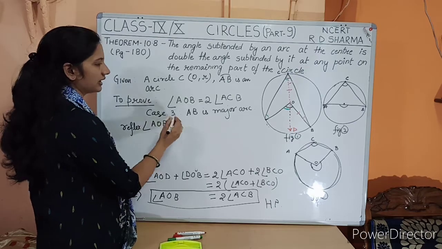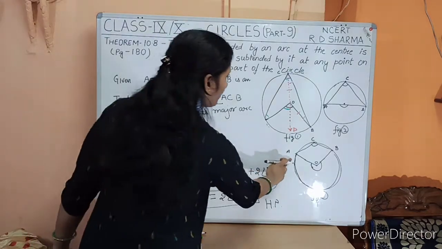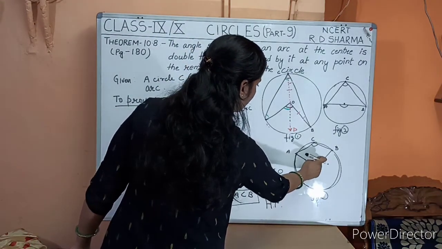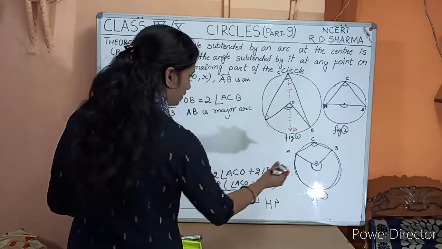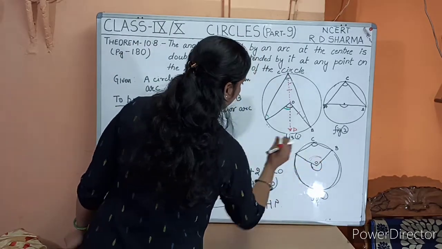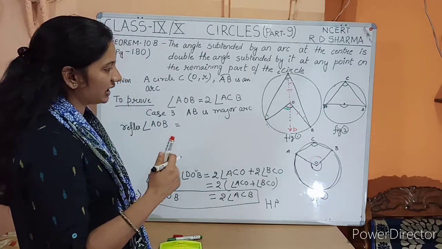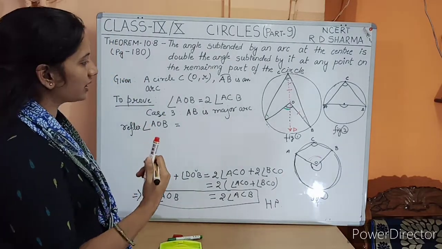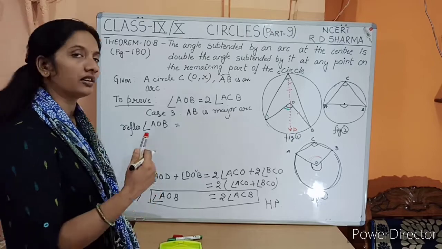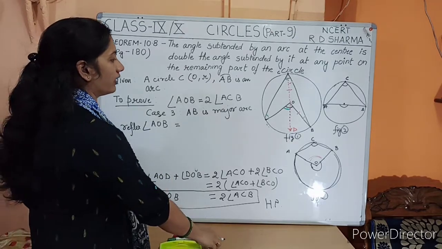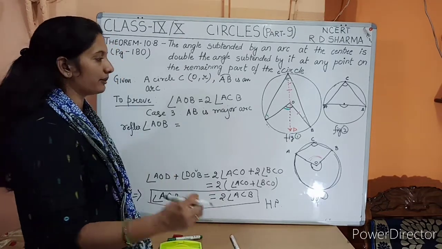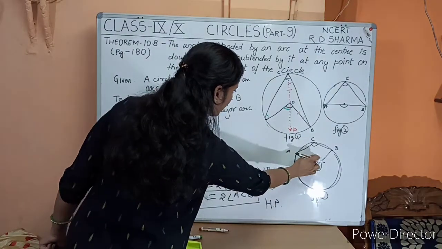Reflex angle means if you write AOB at the center, then this interior angle will be considered. Okay, so we do not need this angle, the inside angle. We need the outside angle. So the outside angle is called the reflex angle. And the reflex angle is what? 360 minus this interior, this red part of the angle.